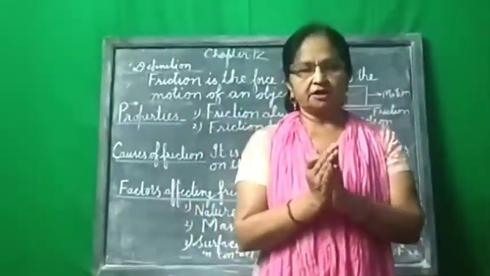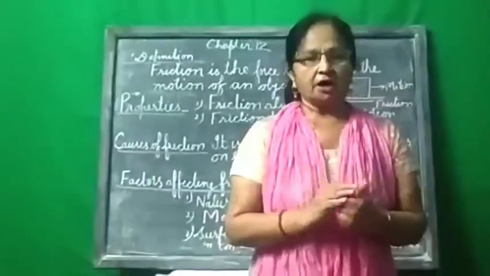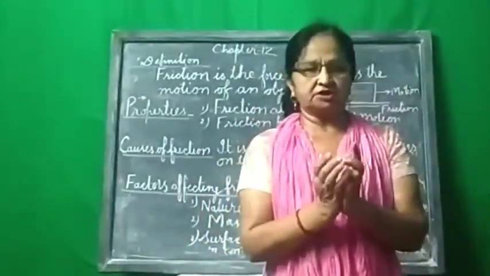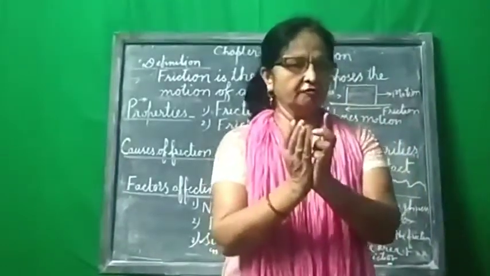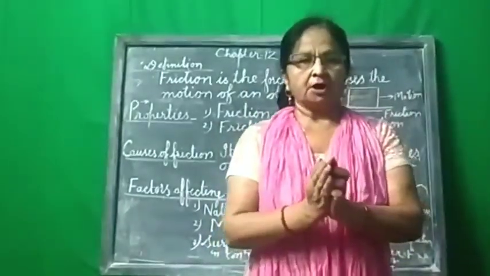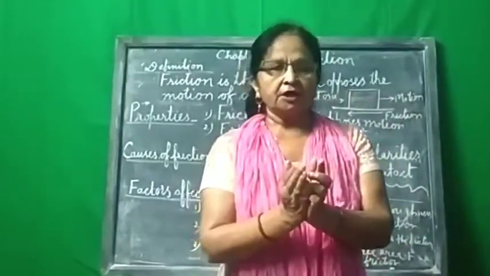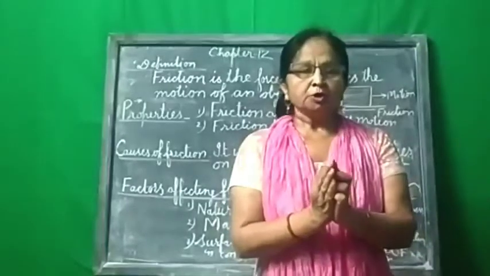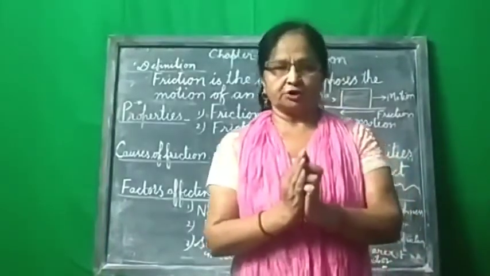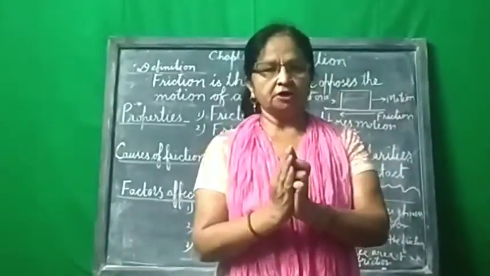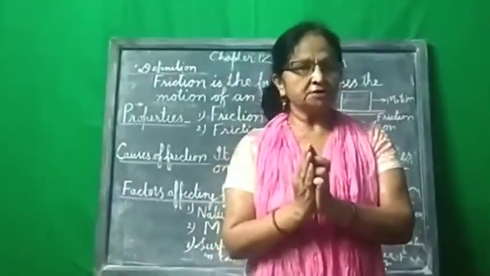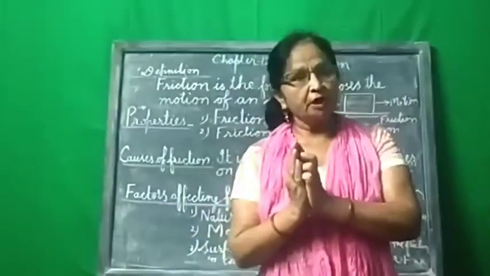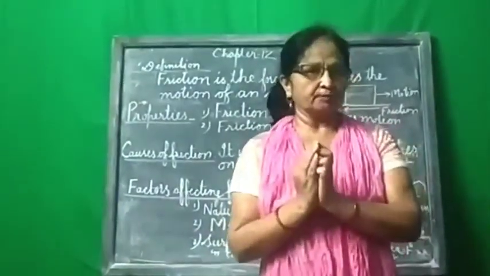So before starting the chapter, I am just giving you some examples so you can understand the definition of friction easily. कई बार आपने देखा है आप रोड पर जा रहे हैं और बनाना पील वहां पड़ा है, तो क्या होता है, आप स्लिप हो जाते हैं. Is it true or not? And sometimes what happens on a wet surface, smooth surface, जब होती है तब भी आप स्लिप हो जाते हो.